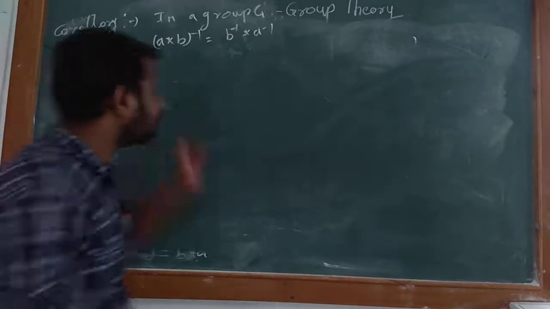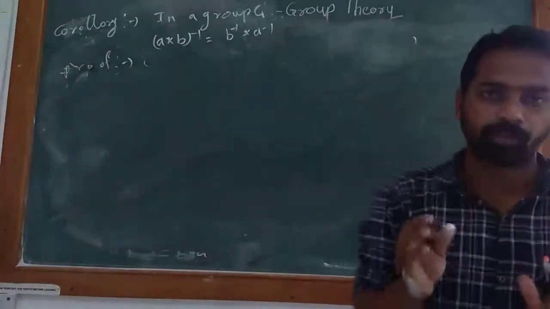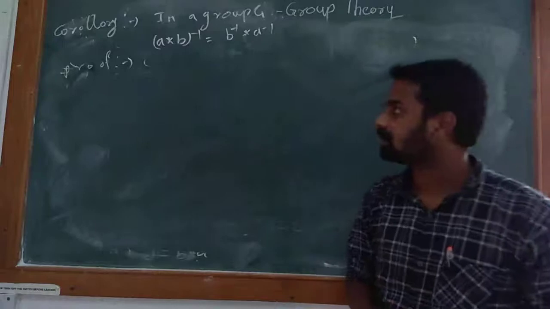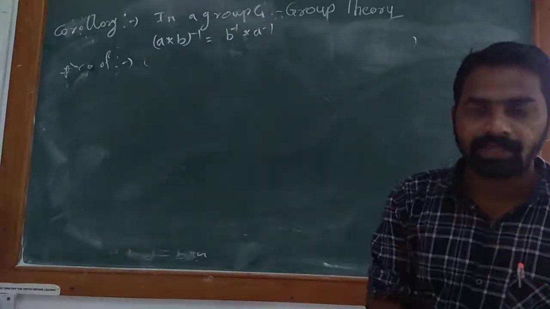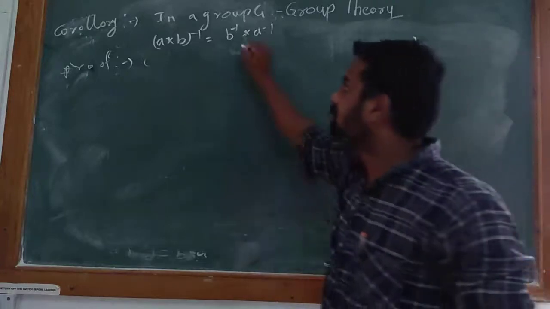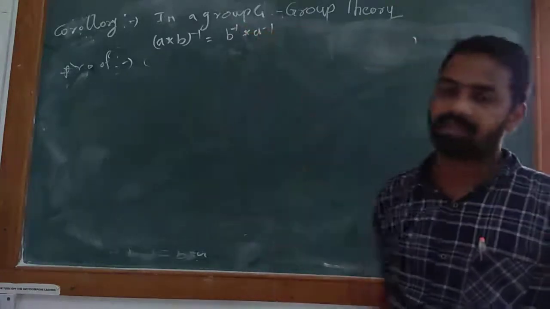That is, we have to show that the inverse of A star B is equal to B inverse star A inverse. For showing this, we have to show that the inverse of A star B is B inverse star A inverse.